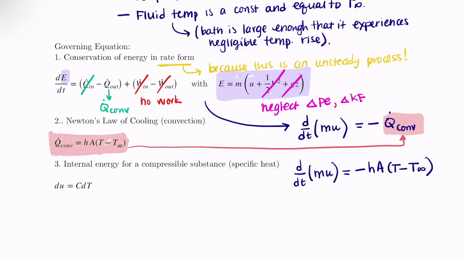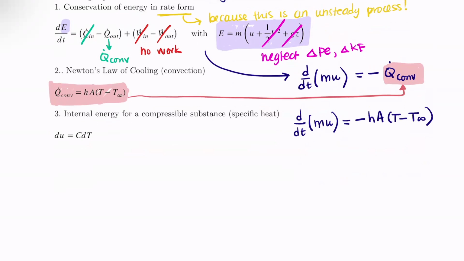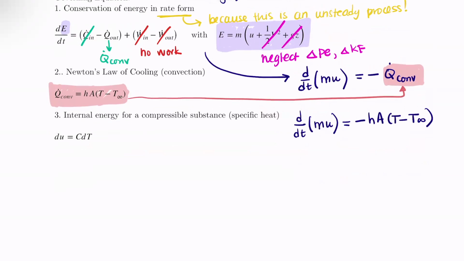All right. We're going to make use of one more governing equation here involving our specific heat. This is from, I believe, topic 3 at the end. We know that the change in internal energy is equal to the specific heat times the change in temperature.